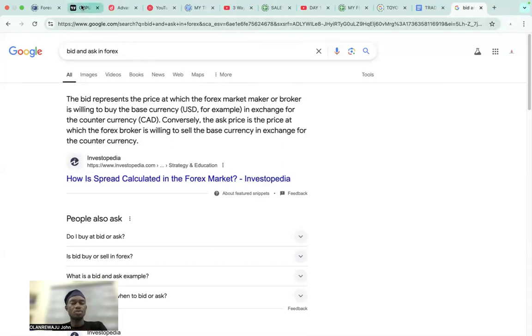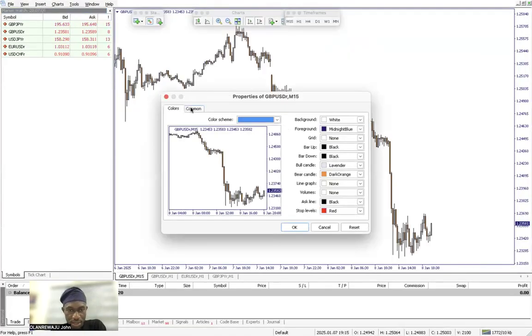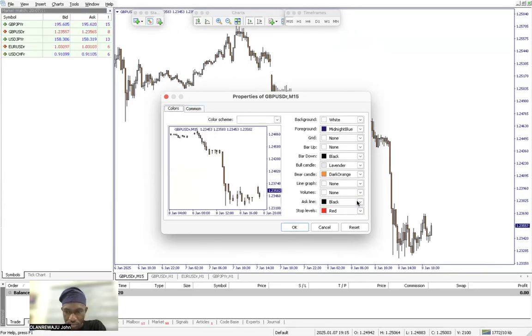So that's just a typical example of the bid and ask price. Now, how does it come to play in the Forex markets? I want to show us something. So F8, I usually hide my own because I often don't use them. Should show ask line. Why is it not shown?